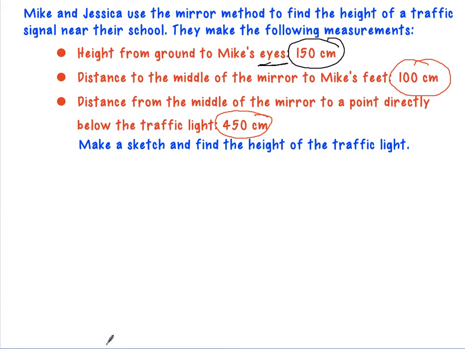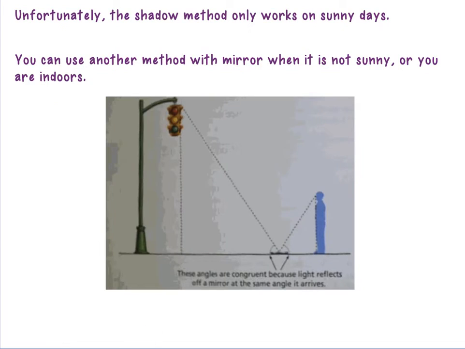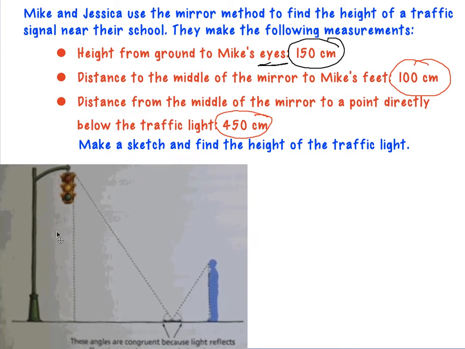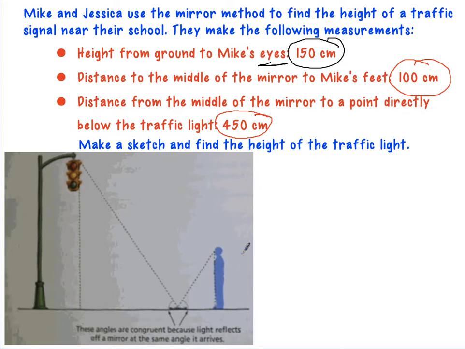Okay, so in this case, I'm going to grab this picture and copy and paste it so we can see what's going on here. So what this is saying is, and you could even, again, sketch this, that right here is 100 centimeters, and that here is 150 centimeters, and that this is 450 centimeters, and it's asking you to find the height of the traffic light. So again, you're trying to find this piece.